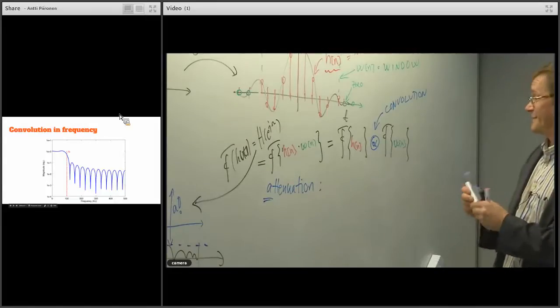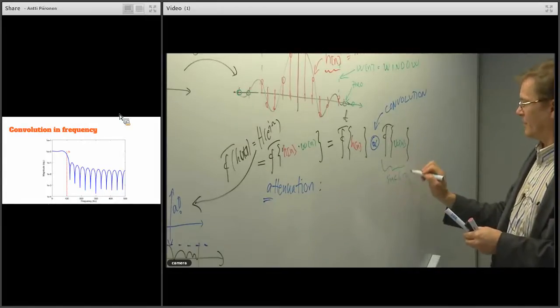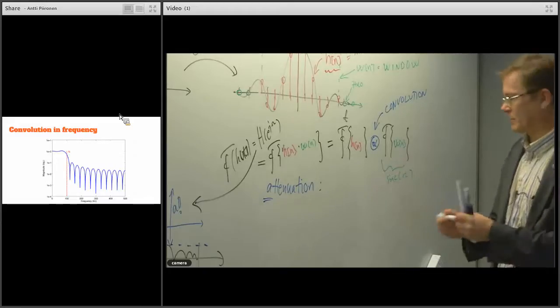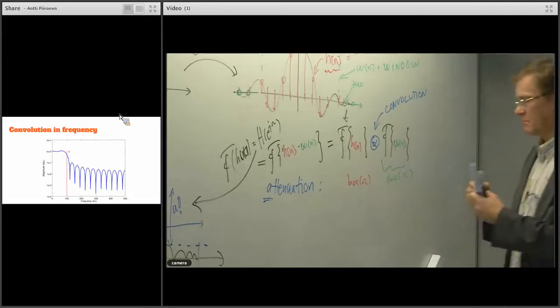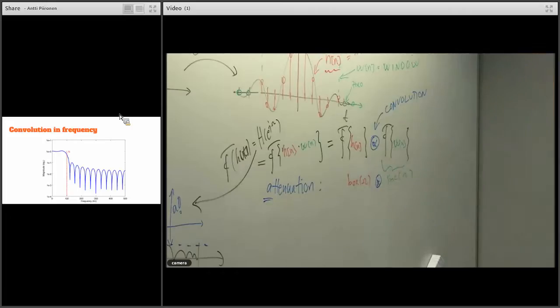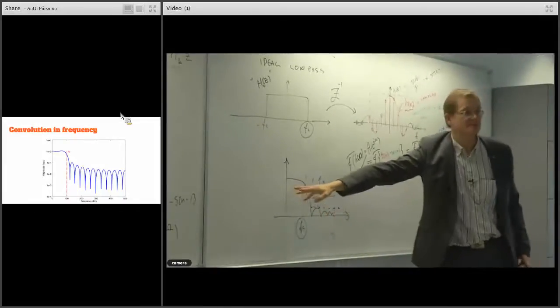That part produces sinc of omega something, and that part produces the box. And they are convolved with each other, meaning we are basically sliding the box across this sinc. It's hard to see what happens here, but basically it produces this kind of amplitude response at the end.